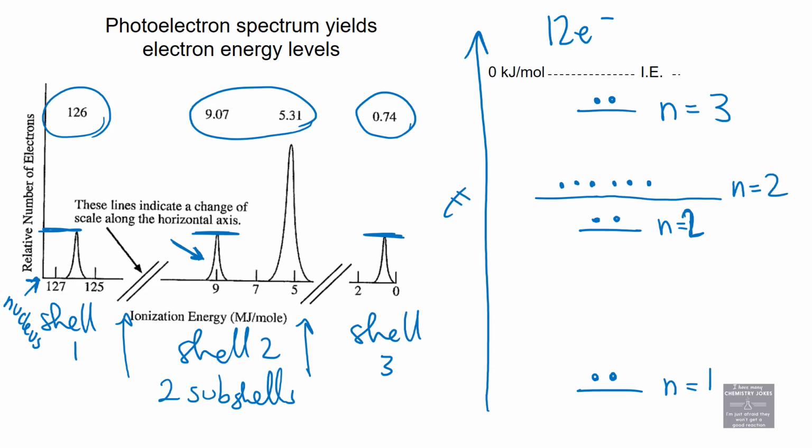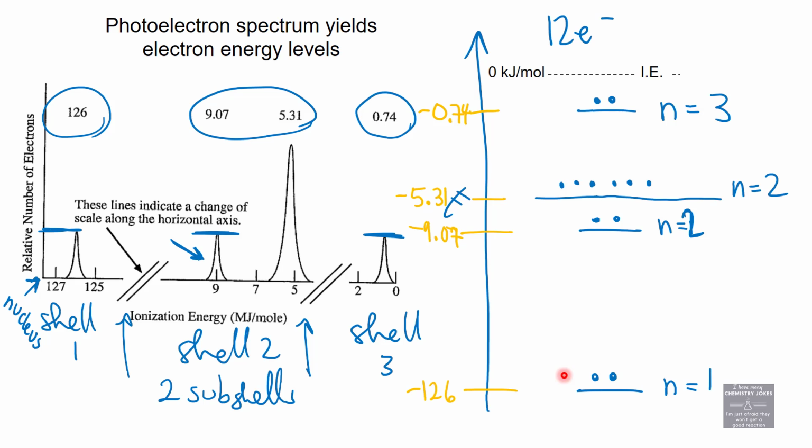If I know that it takes 126 megajoules to remove an n equals 1 electron, I know the value of that energy level is negative 126 megajoules. I know the value of this energy level is negative 9.07. This one is negative 5.31. And this one is negative 0.74. So my energy shelves get, these top 2 are closer together than that one, and my scaling here is probably not great.